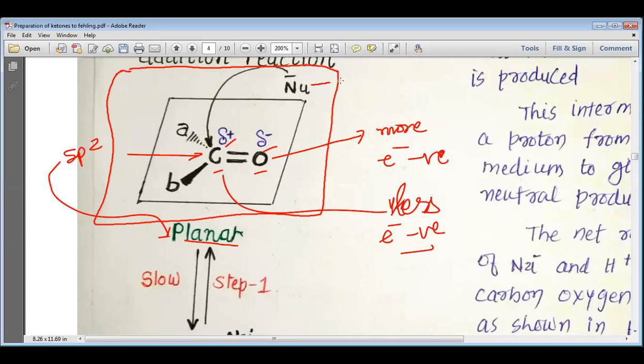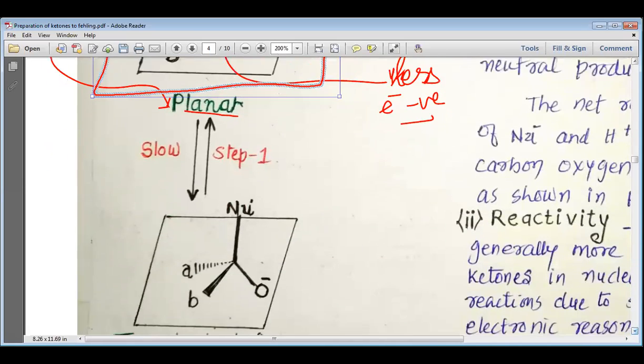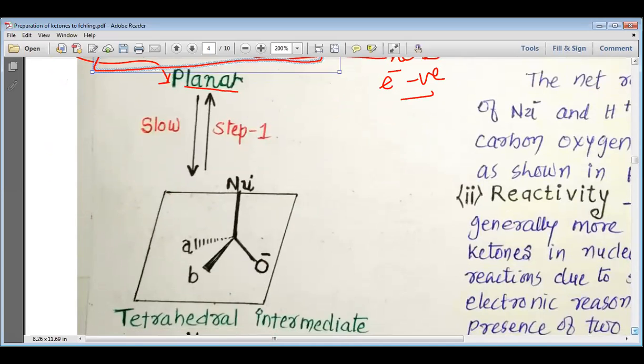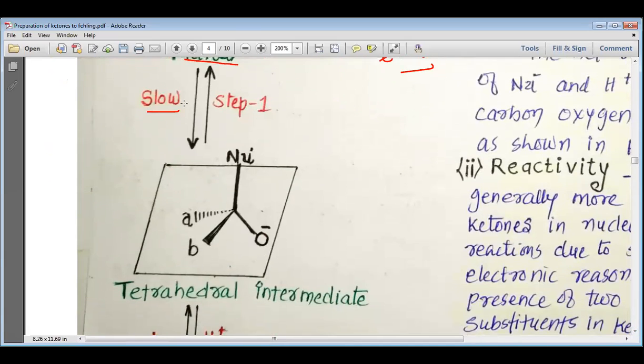So the nucleophile, which is electron rich, generally attacks the positively charged carbon atom. This is how the nucleophilic reaction starts. In a reversible first step, which is a slow step, the nucleophile combines with the carbon.